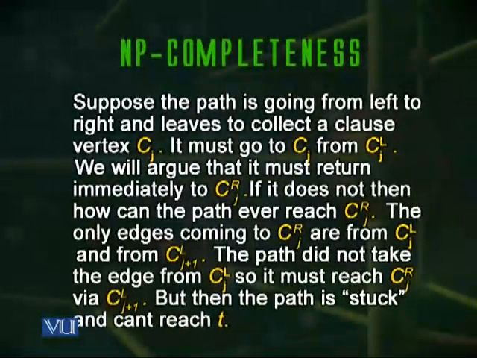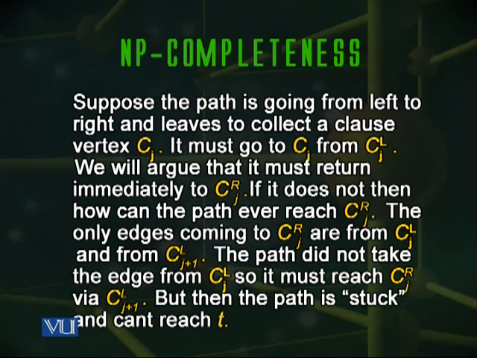So suppose the path is going from left to right and leaves and collects a clause vertex Cj. It must go to Cj from Cj sub L. That's the only way to collect a clause vertex Cj if it's moving from left to right. We argue that it must immediately return back to Cj sub R, which will say that this path is acting normally.